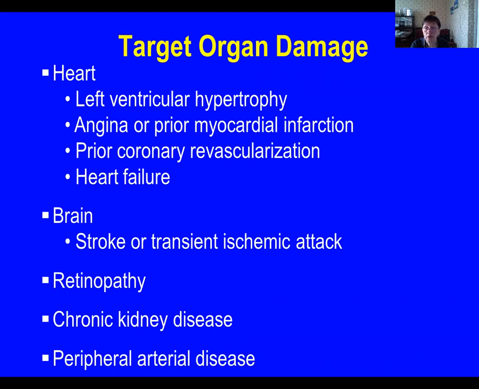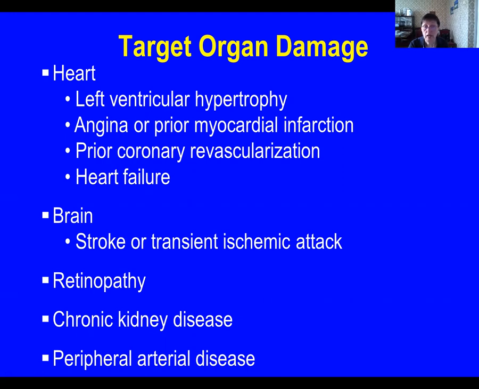The third goal of examination of a patient with hypertension is the search for target organ damage. Here we see the main organs which suffer from high blood pressure. It is the heart, brain, eyes, kidneys, and peripheral arteries. As for the heart, the main consequence, first of all, will be left ventricular hypertrophy.